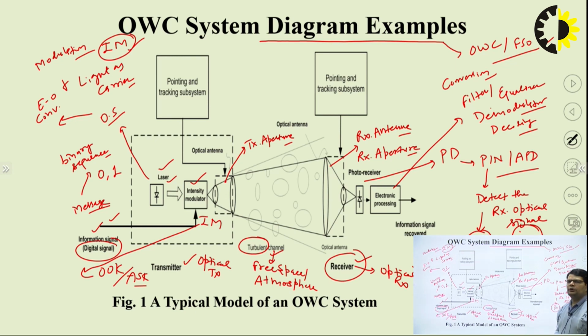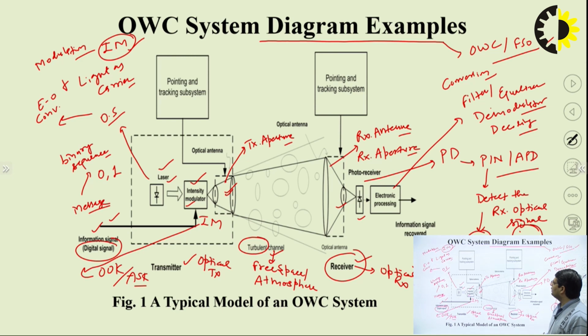Now what is the main important part here is that this transmission aperture or FSO transmitter must be properly aligned with the receiver aperture. That is, we basically use an optical source here and a photodiode or photodetector here. These must be properly aligned so that light intensity after propagating through the free space may be captured by the photodiode or photodetector directly.